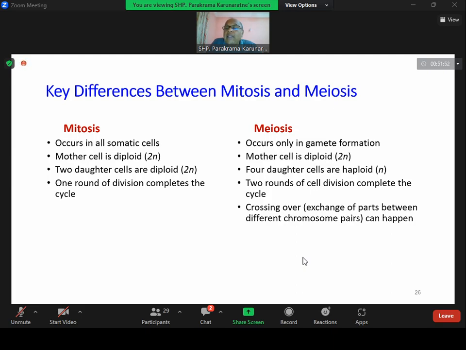When they line up, some parts can be exchanged between chromosomes. This is called crossing over. Puanti madam will explain a little bit about crossing over, I guess. Just remember that the exchange of chromosome parts can happen during meiosis.